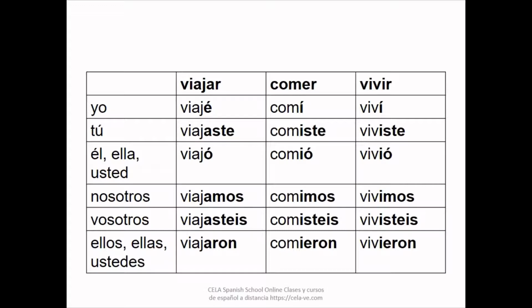The use of a final s for tú in this tense is a common error in some native speakers, but it is incorrect. The endings are for verbs in ar, é, aste, ó, amos, asteis, aron. And for verbs in er and ir, í, iste, ió, imos, isteis, ieron.